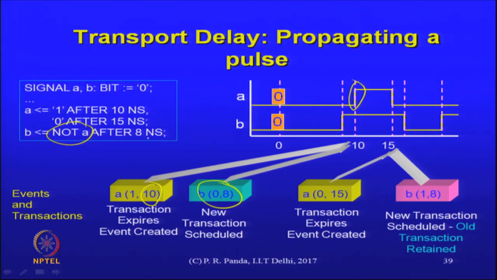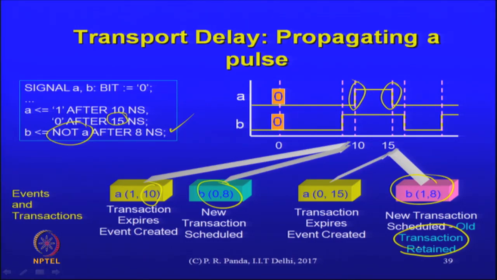Okay, we move on. So, I have 15. At time 15 I have the other event occurring on A and because of that event I would have this statement being executed again, which means that my new transaction would again be processed just as earlier, but this time we will retain the old transaction, we will not cancel the old transaction.